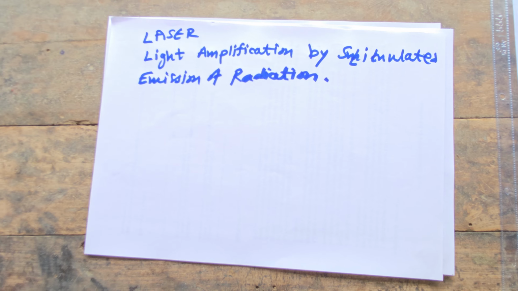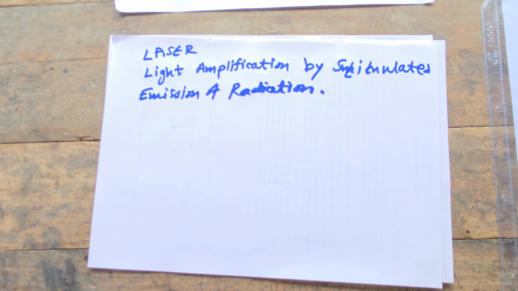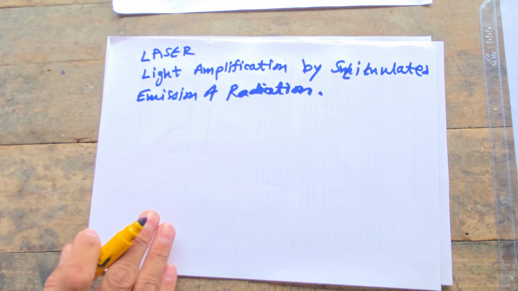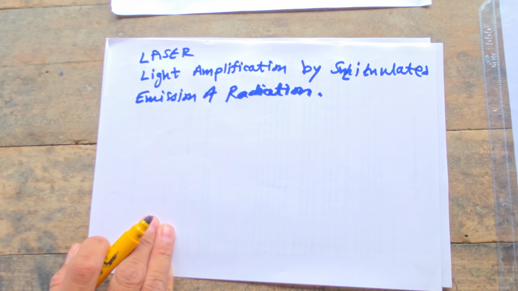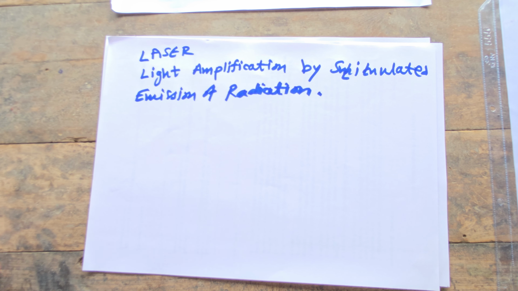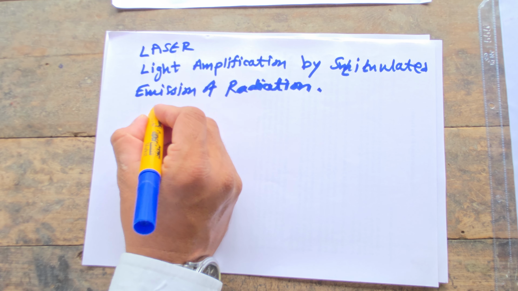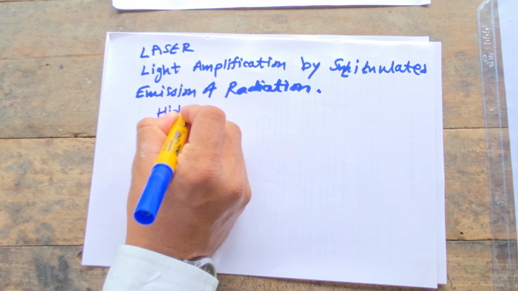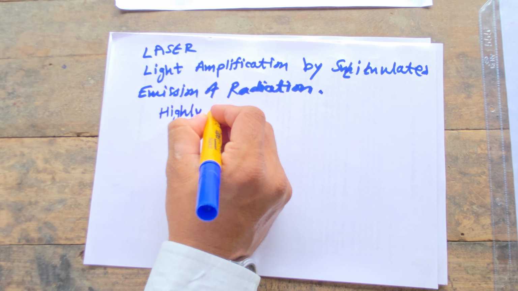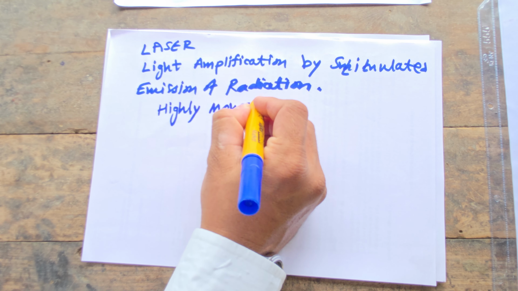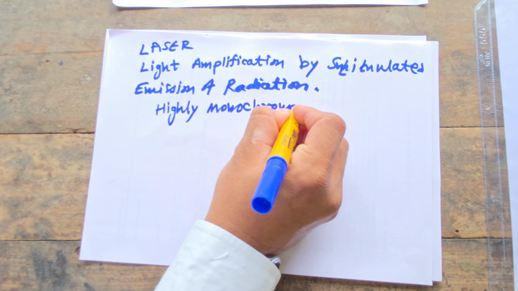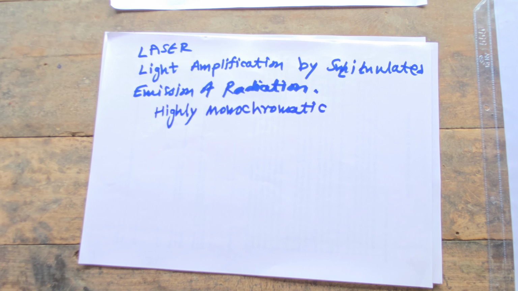Basically, a laser beam, as compared to our normal light, has many different properties which are very helpful. These properties are that they are highly monochromatic, which means they have a single wavelength.